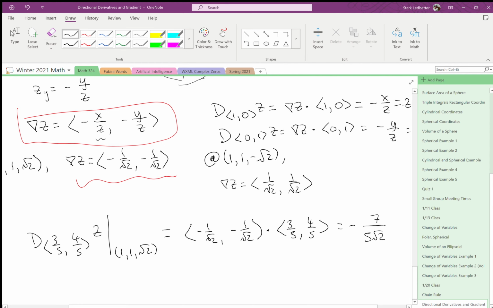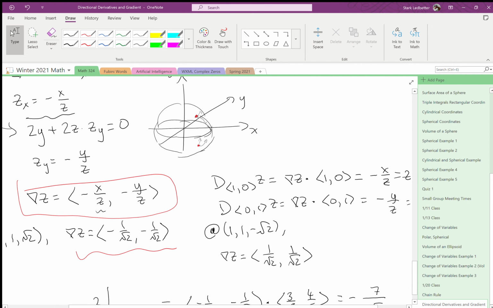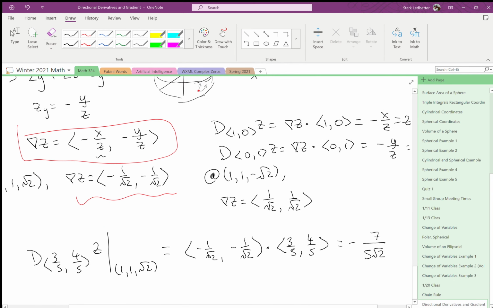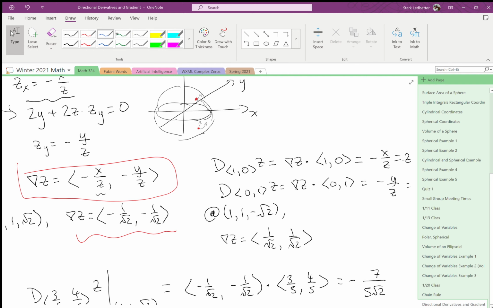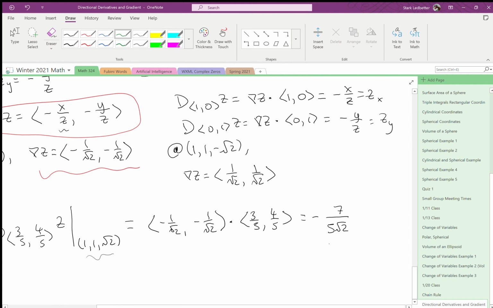Okay, so what does that mean? That means if I start at this point, 1 comma 1 comma root 2, and then I walk in the direction 3/5, 4/5, so more in the y than the x, then I end up going down, right? And then how far down? Well, that far down. That's about, what, 1.4 times 0.7?